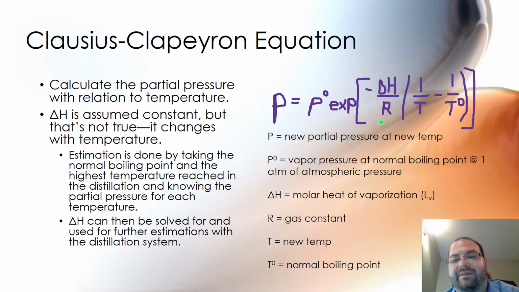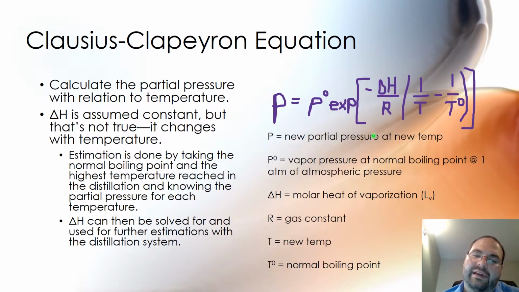Technically, I should put a vap here in a subscript, because delta H vap is the molar enthalpy of vaporization, and that's what you use in the Clausius-Clapeyron equation.